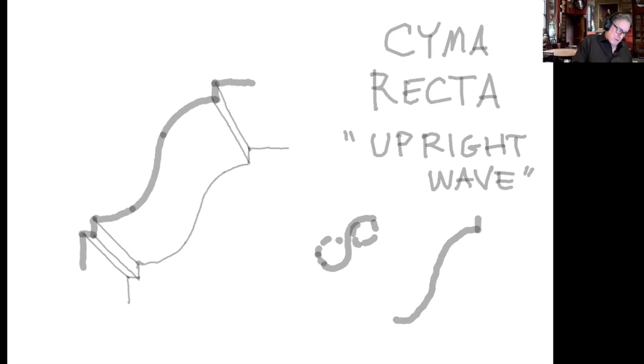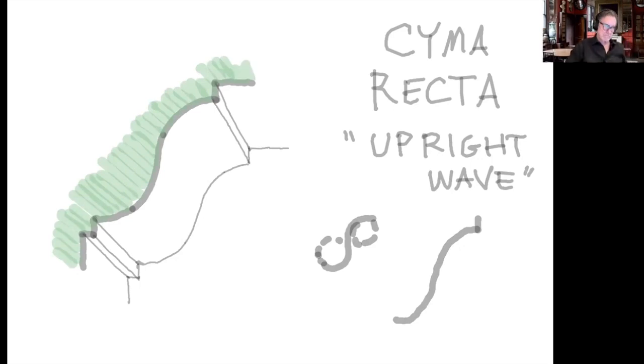Okay, so we can shade our solid portion together. Like that. And that's the cyma recta.